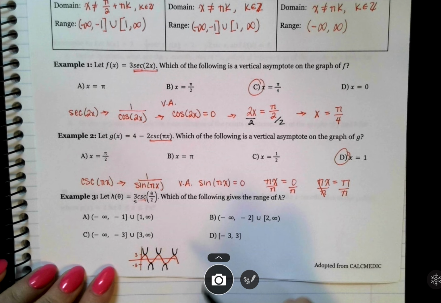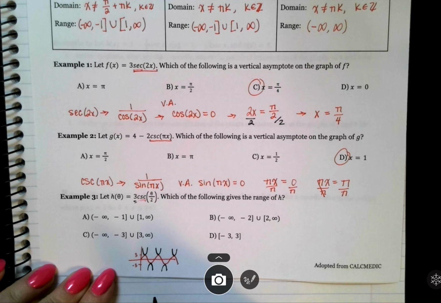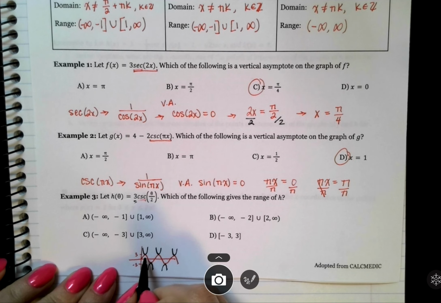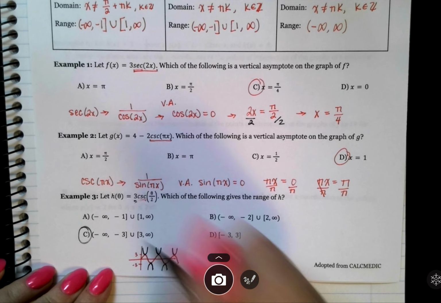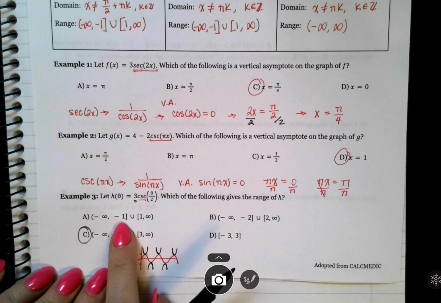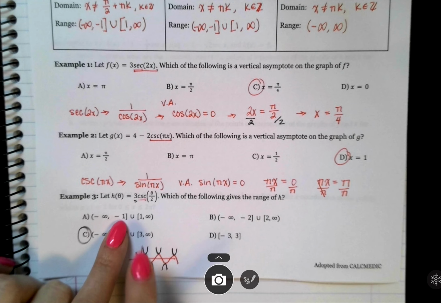And so that helps me figure out my range for cosecant. If this maximum of sine is at 3, that means the minimum here is at 3 and it goes to infinity.